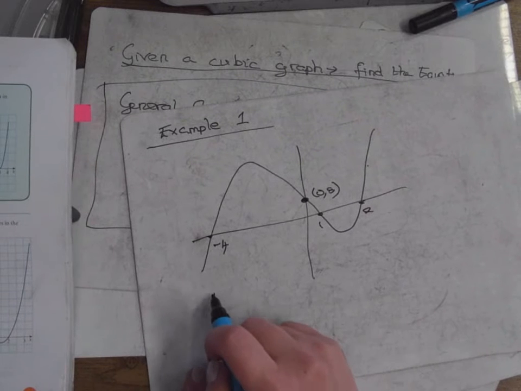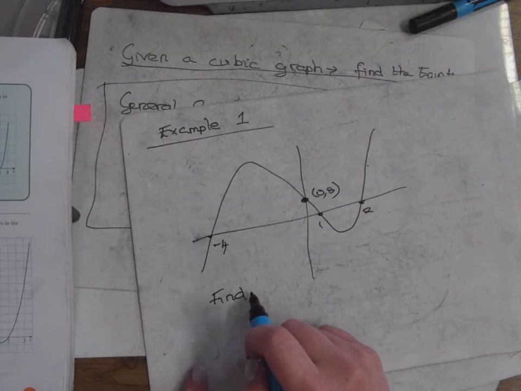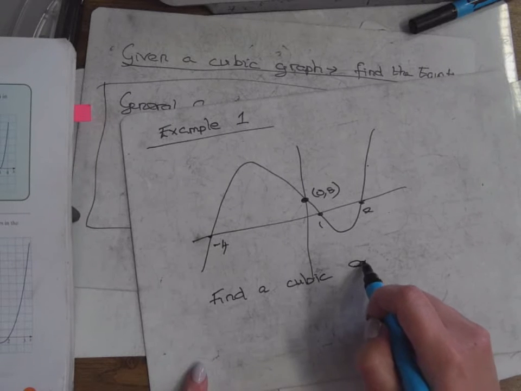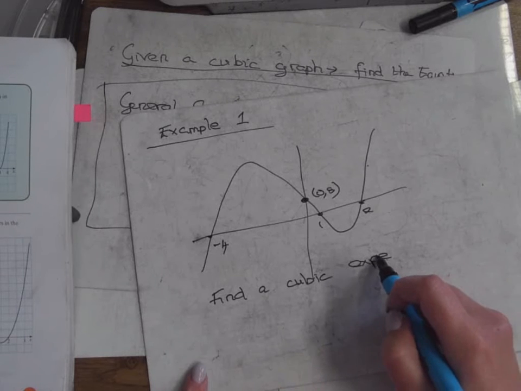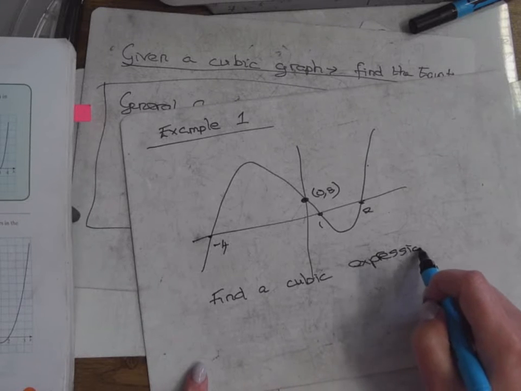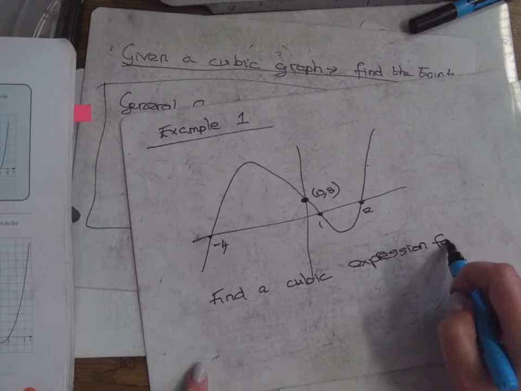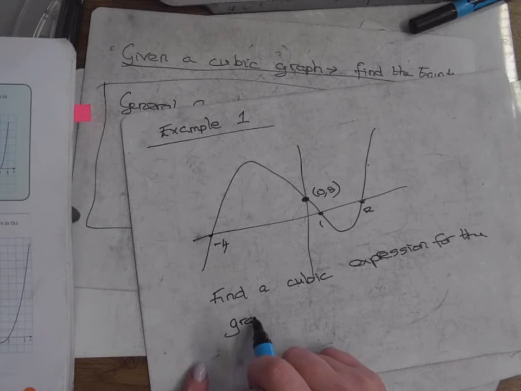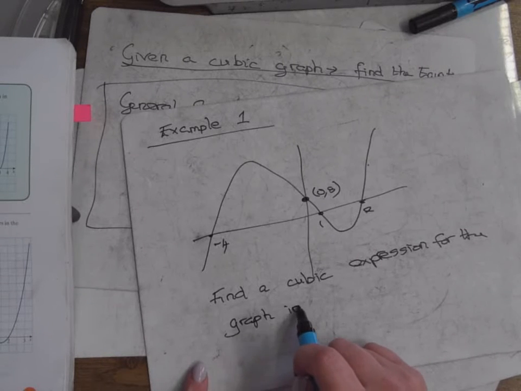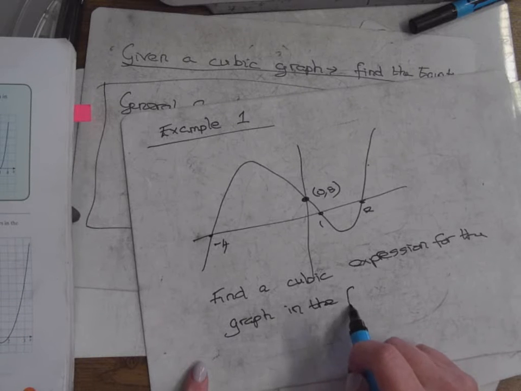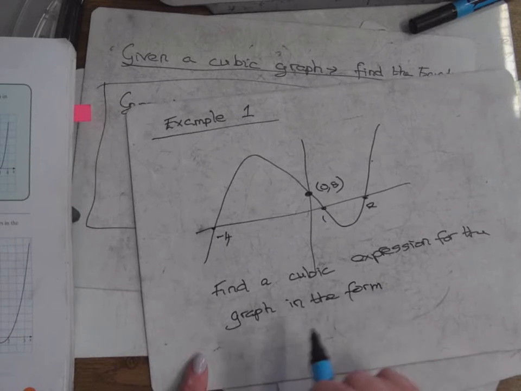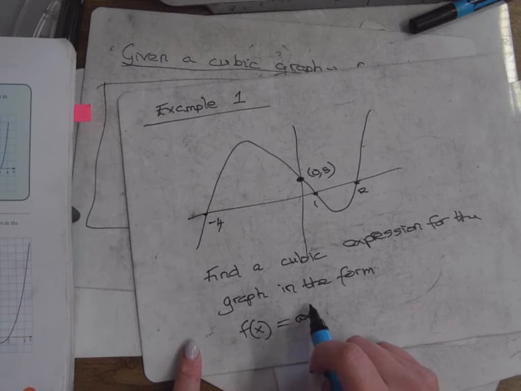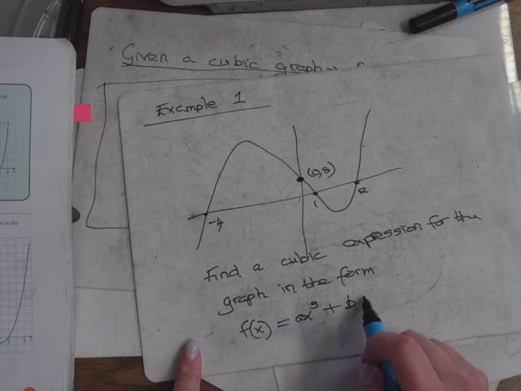Right, okay, and the thing is, find a cubic expression for the graph, and you have to give your answer in the form f of x is equal to ax cubed, so something x cubed plus something x squared.